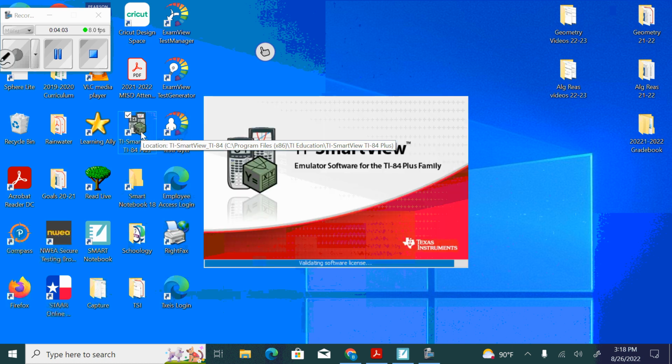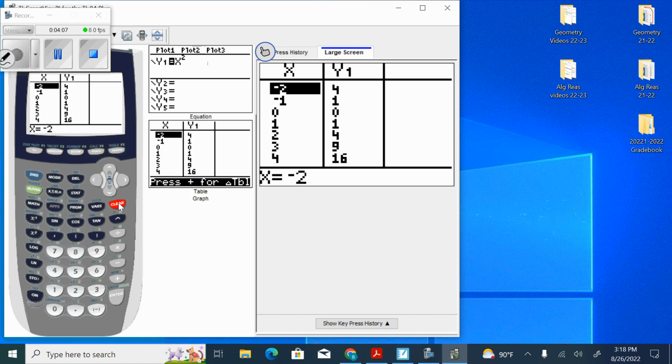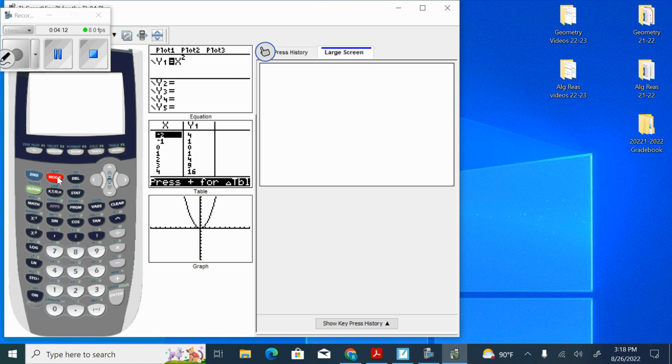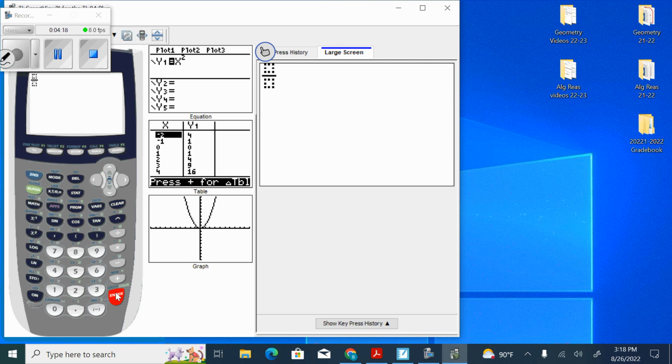So in my graphing calculator, I would put alpha y equals enter, and I would put 3/4, right, divided by alpha y equals enter 3/4.